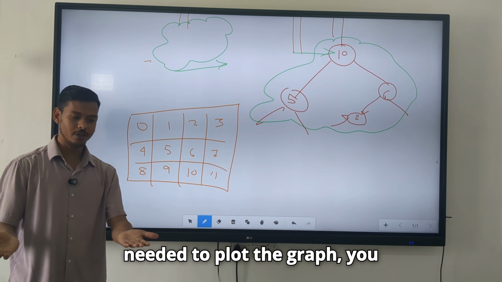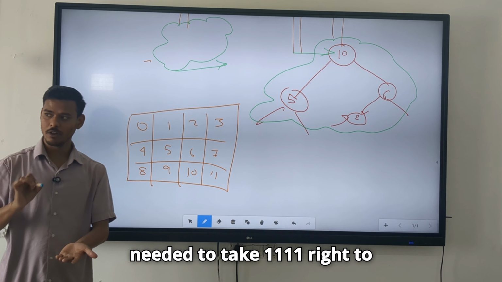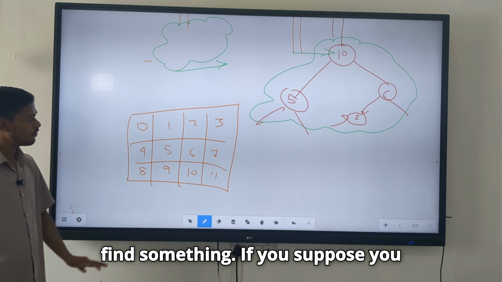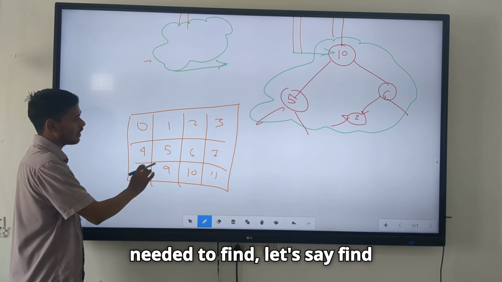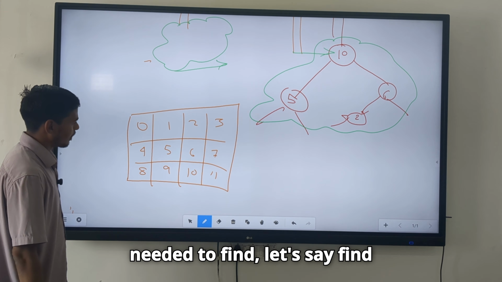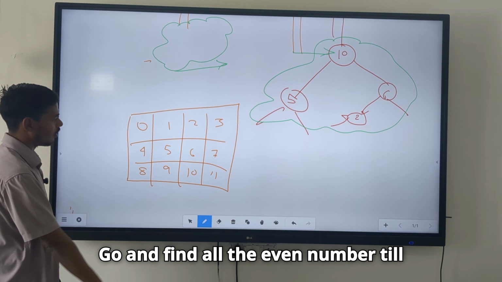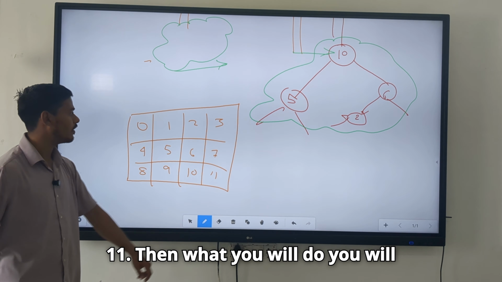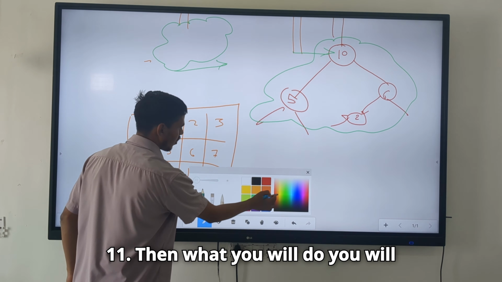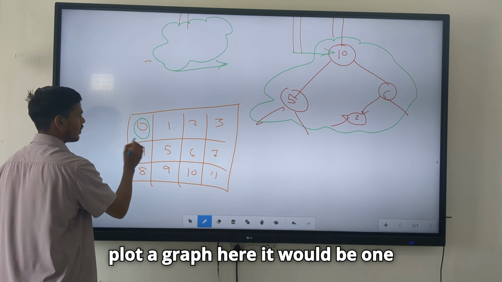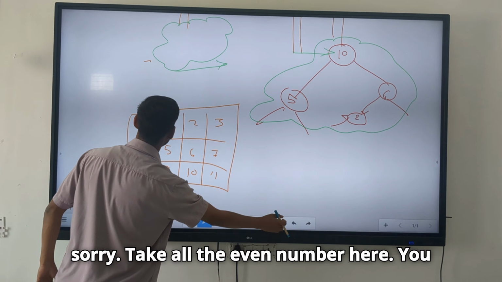In general, on paper, if you needed to plot the graph, you would take unit steps to find something. Suppose you needed to find, let's say, from 0 all the even numbers till 11. What will you do? You will plot a graph here. Sorry, take all the even numbers.